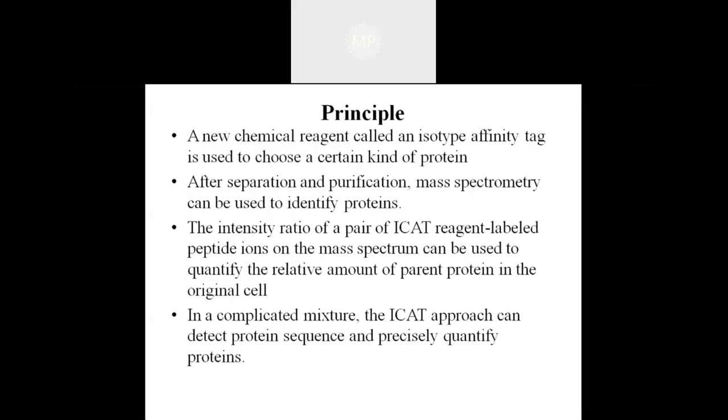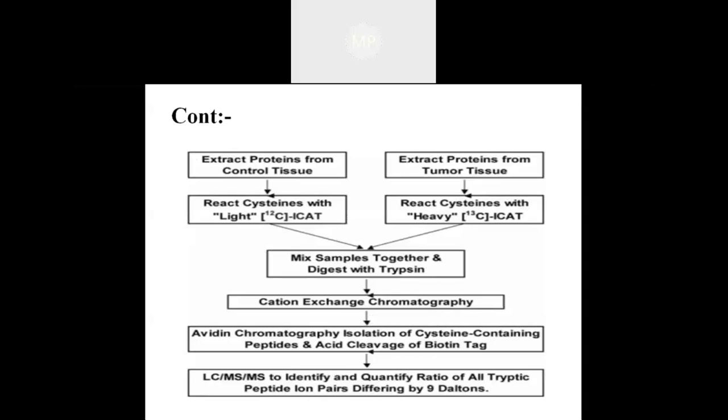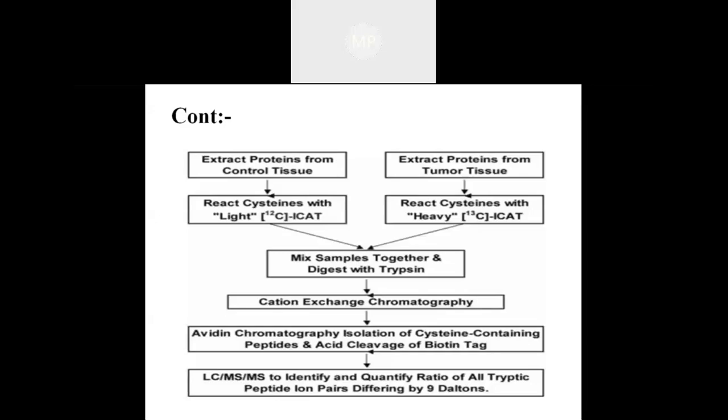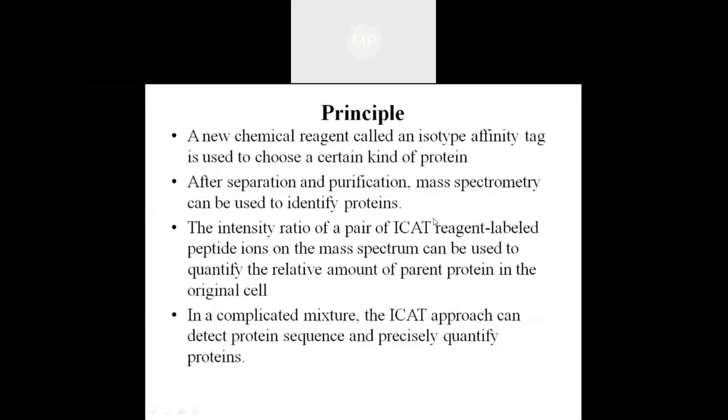Now moving to the next slide, this is the principle of ICAT. As we can see from this flow chart, a new chemical reagent known as the isotope affinity tag is used to choose a certain kind of proteins, and after the separation and purification, mass spectroscopy can be used to identify the proteins. Here we can see the two types of reagents, the first one is light and the second one is heavy.